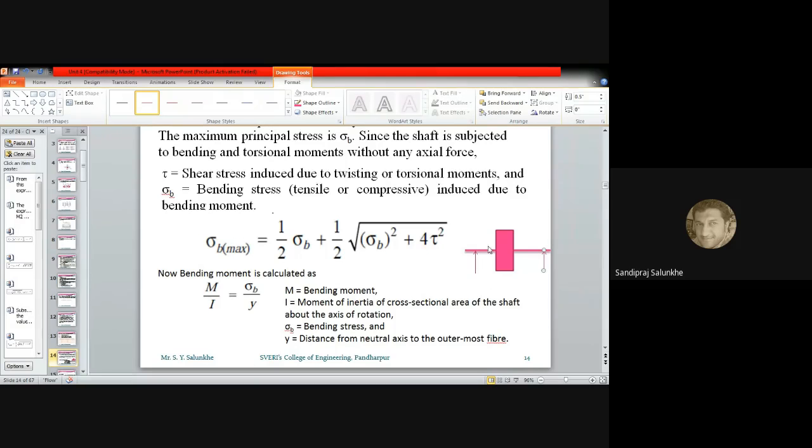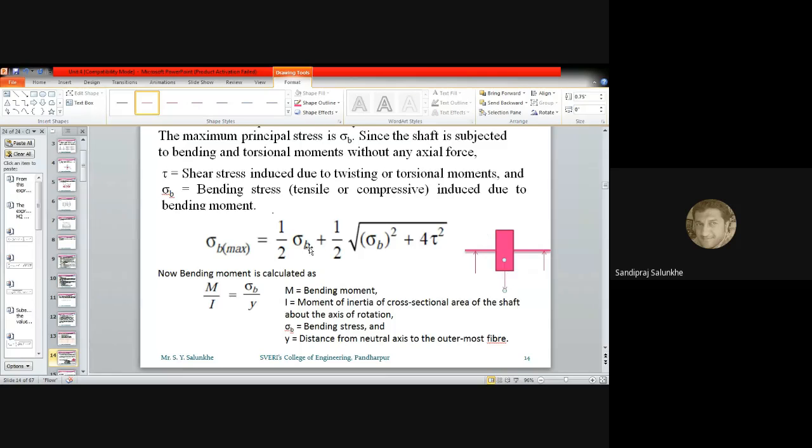So due to the own weight of this pulley and whatever force is acting, the shaft will bend. So bending stress will be generated, right?